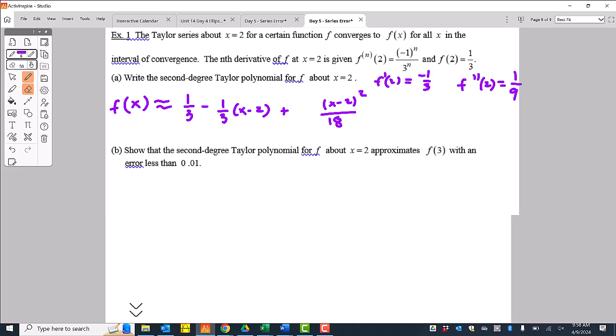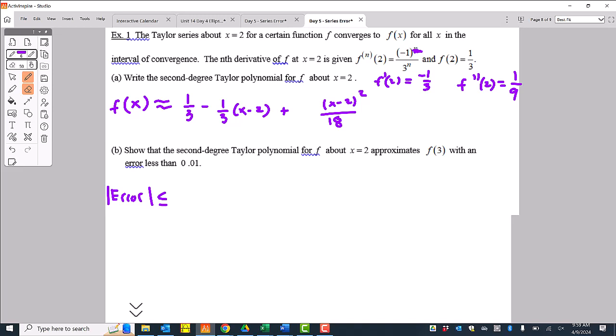And then we want to show that this polynomial centered at 2 approximates f of 3 with an error of less than 0.01. Now, it didn't say anything about the series alternating, but we can see as this degree goes up, this term is going to keep alternating between positive and negative. So this is an alternating series. So we know our error has to be less than or equal to the next term of the polynomial, with 3 plugged in.